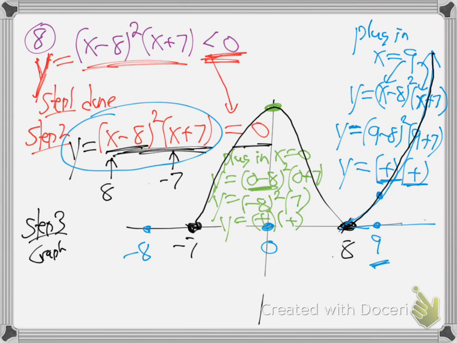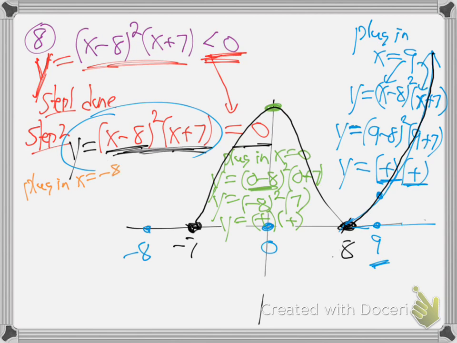And now let's go over to the left section. So we got the middle and the right. Now let's go to the left. How about at negative 8? So I'm going to plug in x is negative 8. That's something left of negative 7, something in the left section.